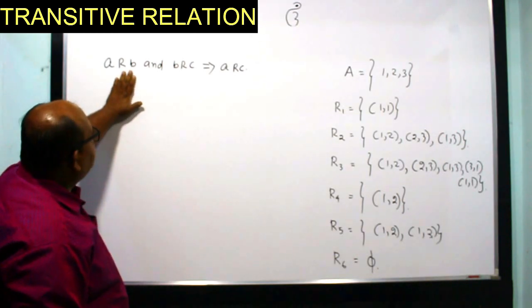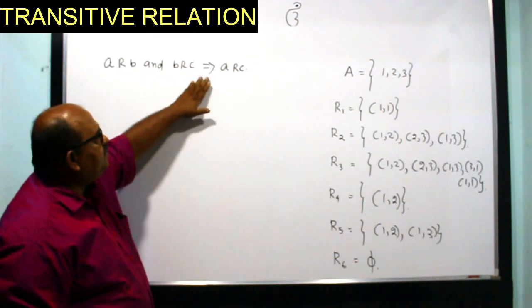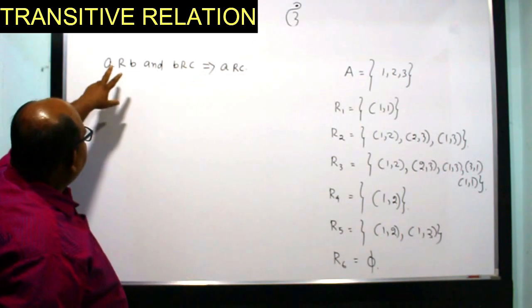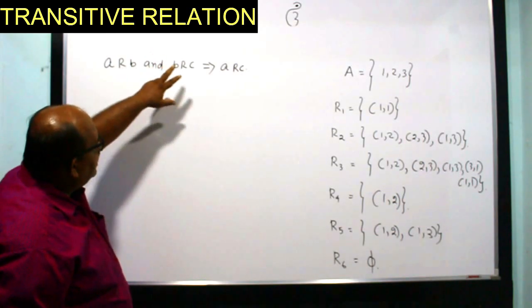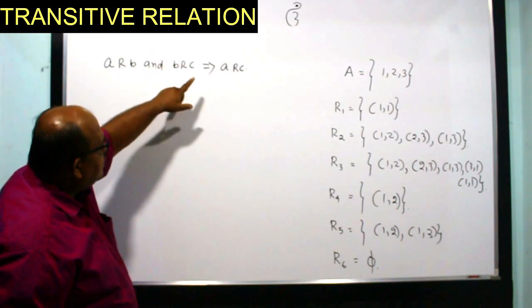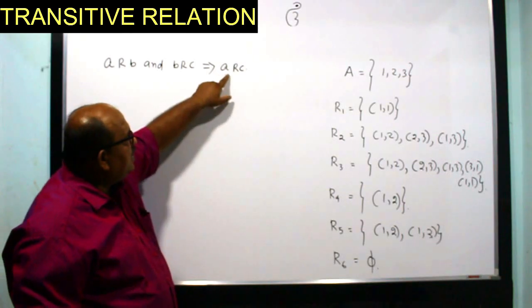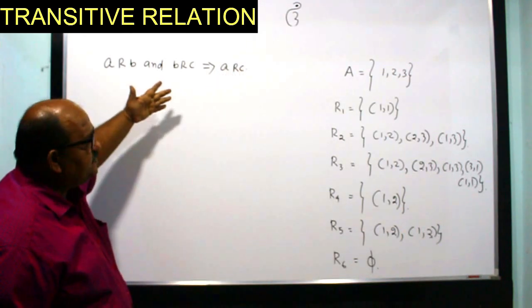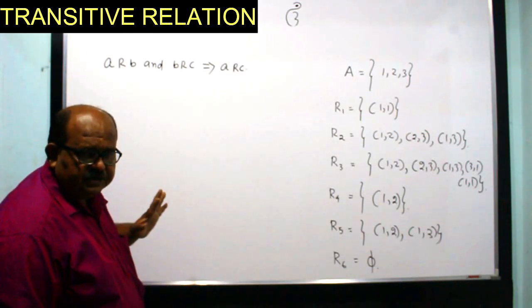It means if A related to B and B related to C, then we will search for A related to C. If the condition A related to C is satisfied, then the relation is transitive.